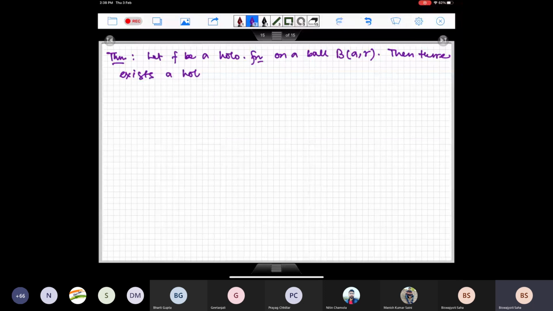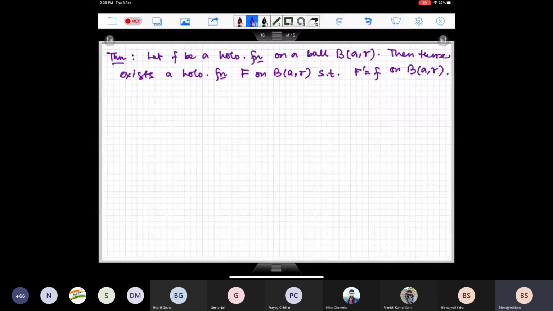So if I have a holomorphic function on a ball, then I will be able to find a primitive for that holomorphic function. Okay, so this is what we need to do.